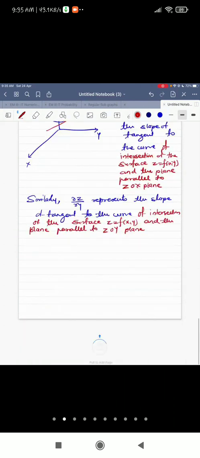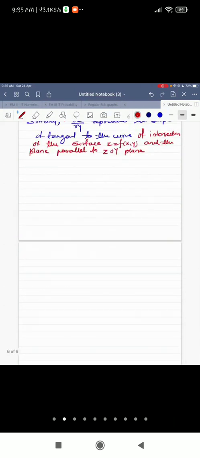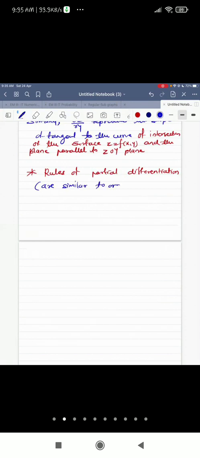Now let us see what the rules are. See students, the rules of partial differentiation are the same as the regular derivative. So these are similar to the ordinary derivative.